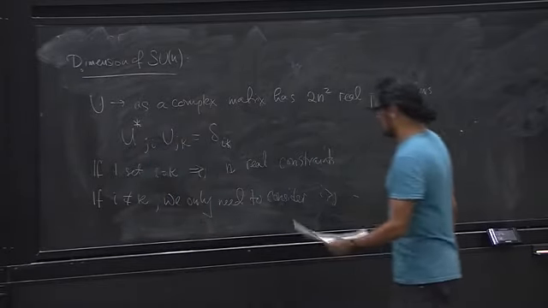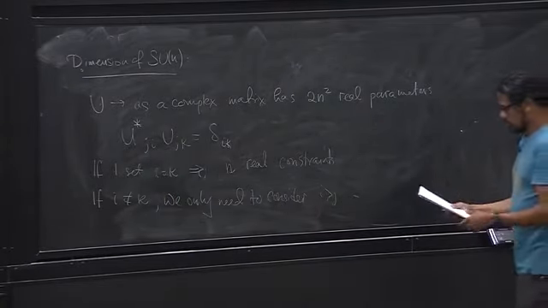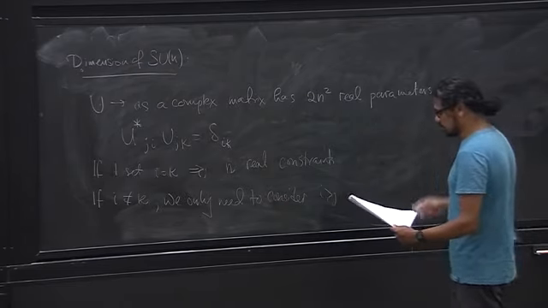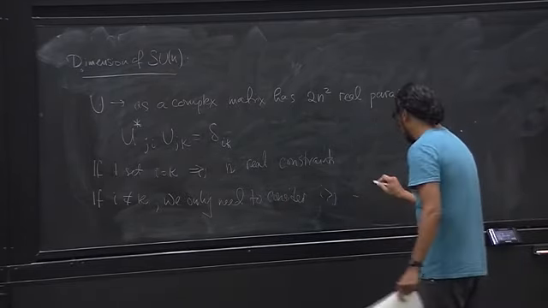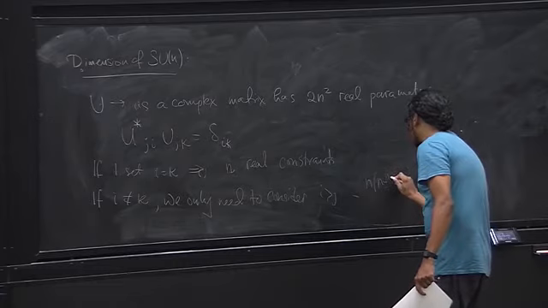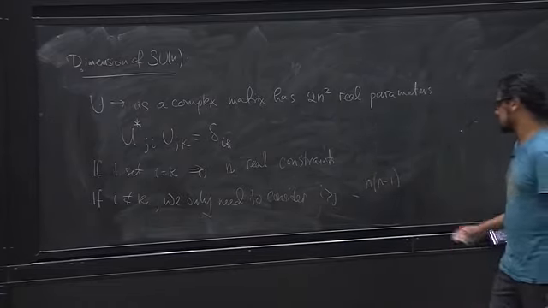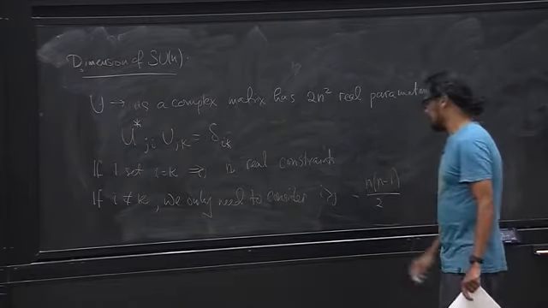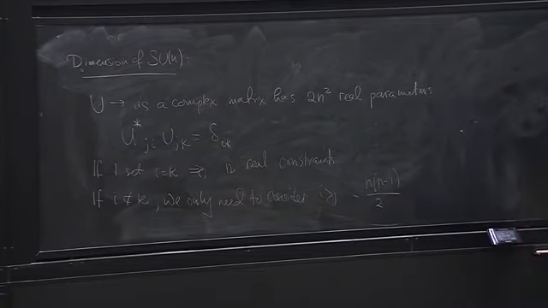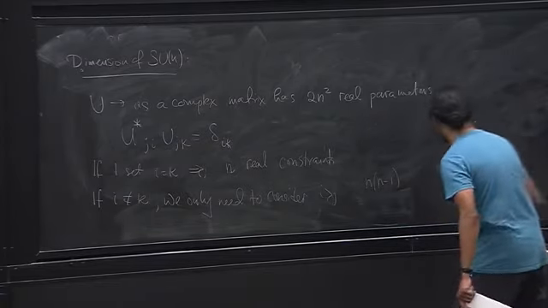There are n times n minus 1 over 2 complex entries, and so if I count the real number of parameters, it'll be 2 times that.